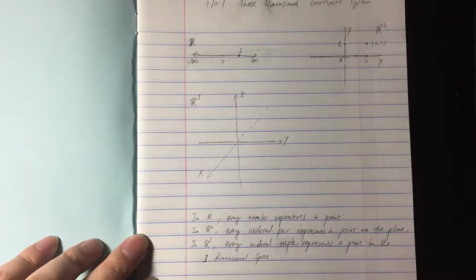That means in R3, we use a triple of numbers to represent a point. In order to plot points in R3, let me first review how to plot points in R2.